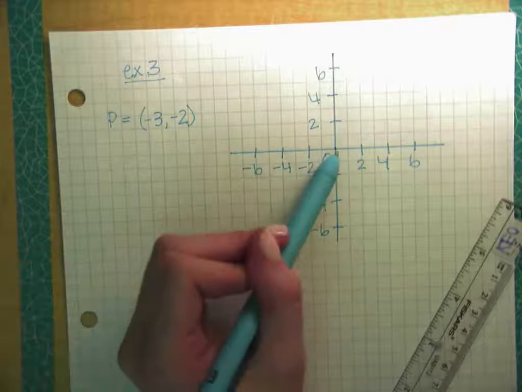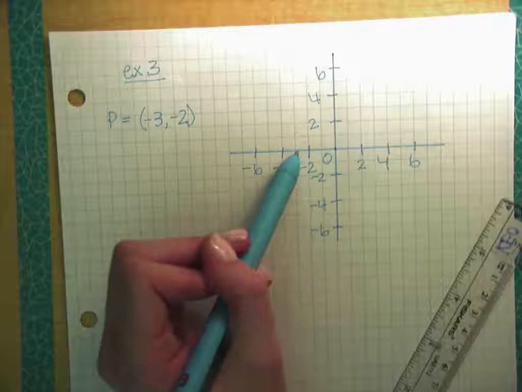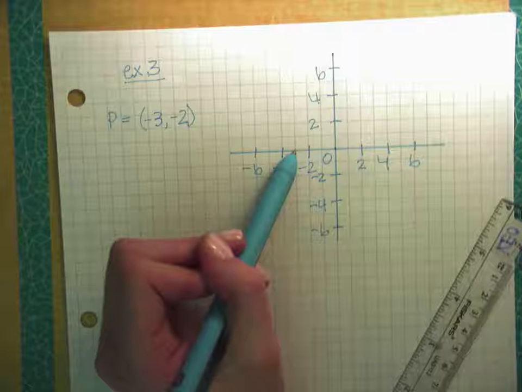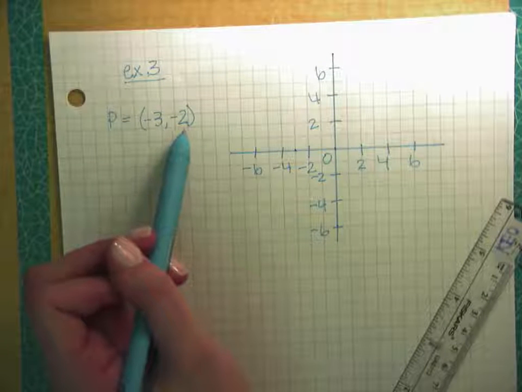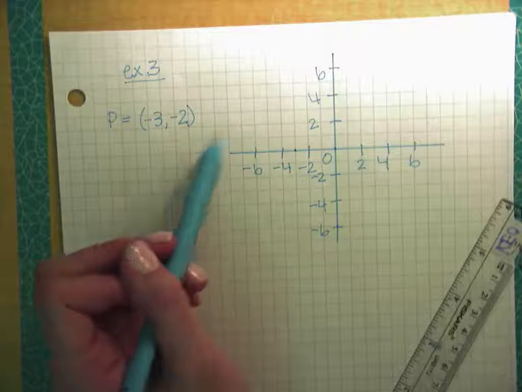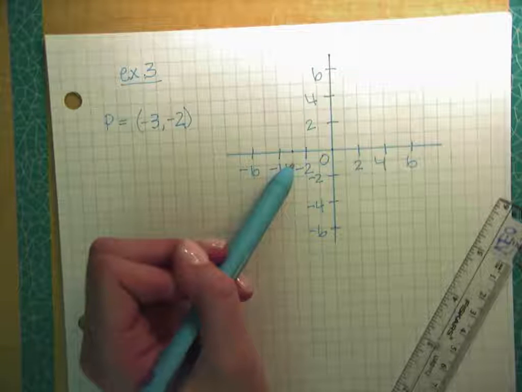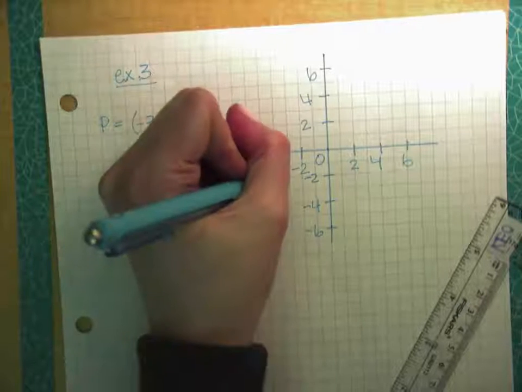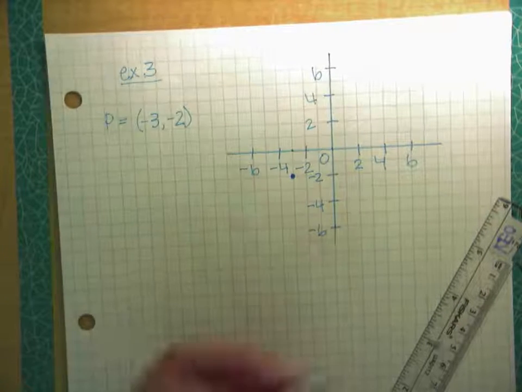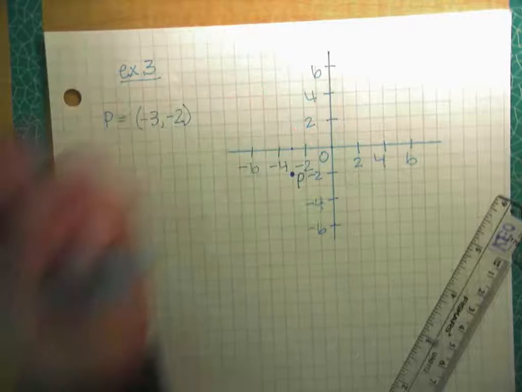So I need to go to the left to -3, which is right here. Now I need to look at my y-coordinate, which is -2. So the y-coordinate is telling me I need to go down to -2. And this is where my point would be. So that would be point P.